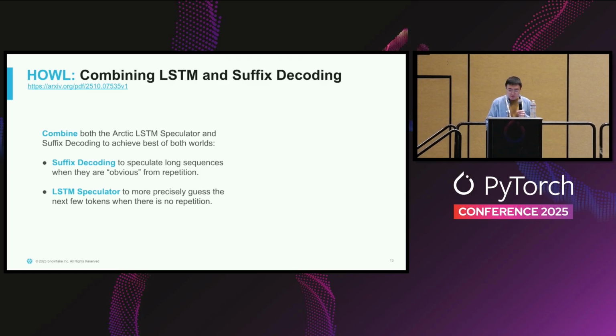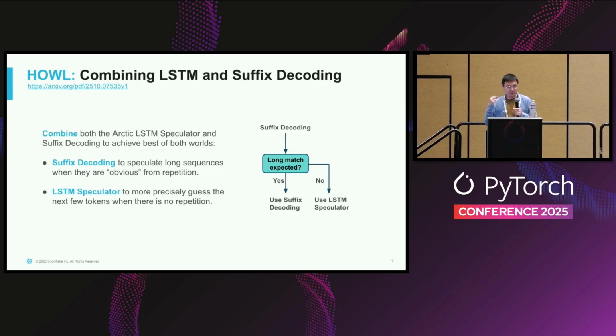The implementation for doing this is actually pretty simple. At every single generation step, we query suffix decoding to see if there is a repetition happening. If there is, then we use the suffix decoding speculated tokens. And if not, then we default back to running the LSTM speculator.